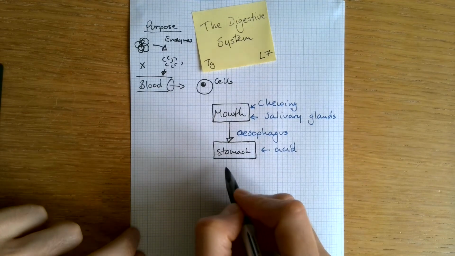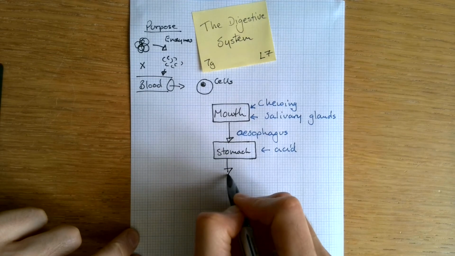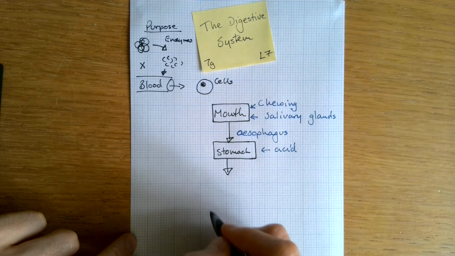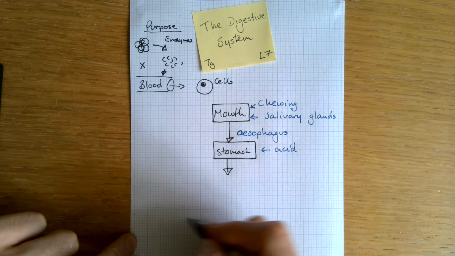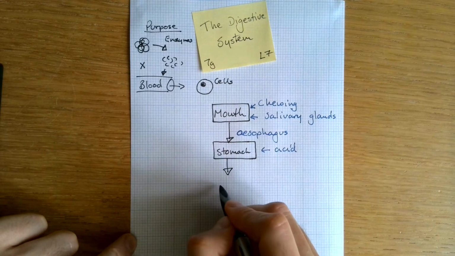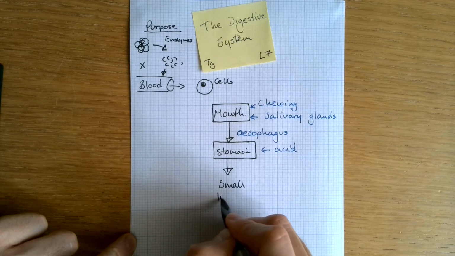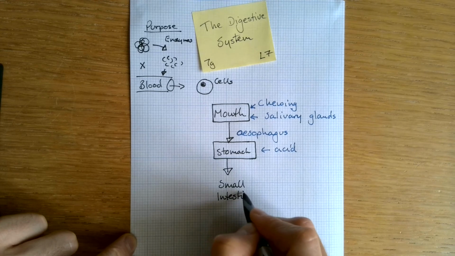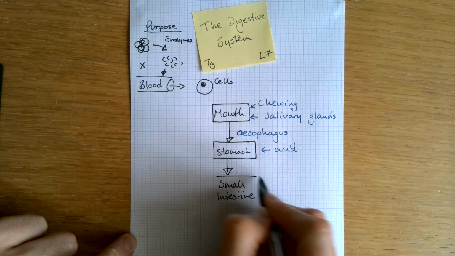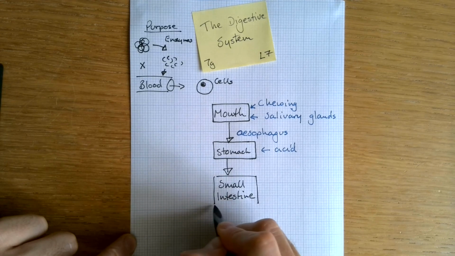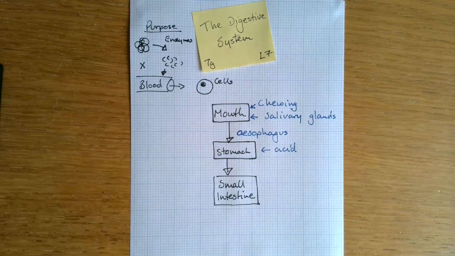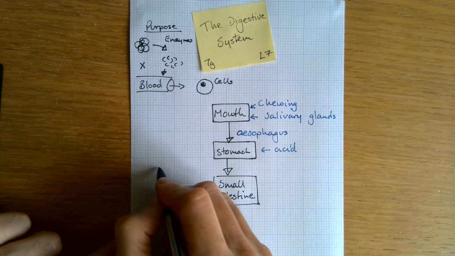detail. So once it's spent a couple of hours inside the stomach, the next main organ that the food moves on to, as it's been broken down into smaller and smaller pieces, is the small intestine. Now the small intestine is helped out with some other organs, such as the pancreas.